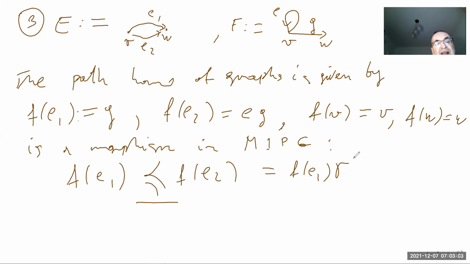So you must extend from left to right by a path. And of course, if I extend G by whatever, this will not be EG, all right? Because whatever extension I take of f of E1, the first edge will be G, whereas for f of E2, the first edge is E, and G is not E, so this is impossible.